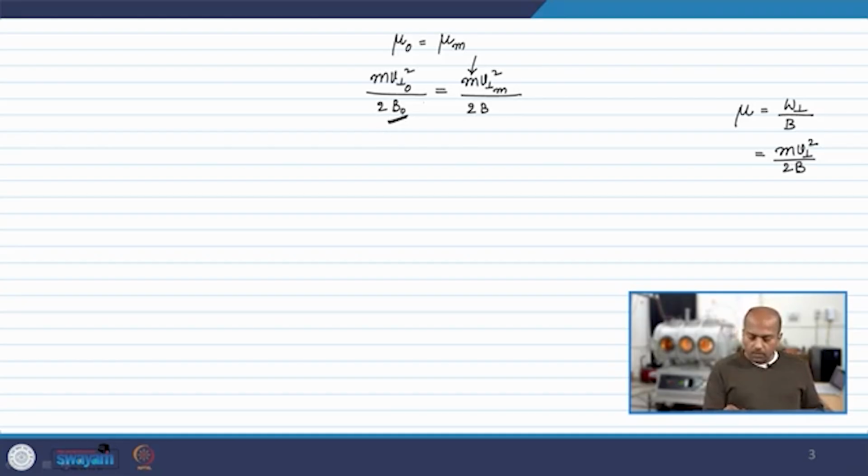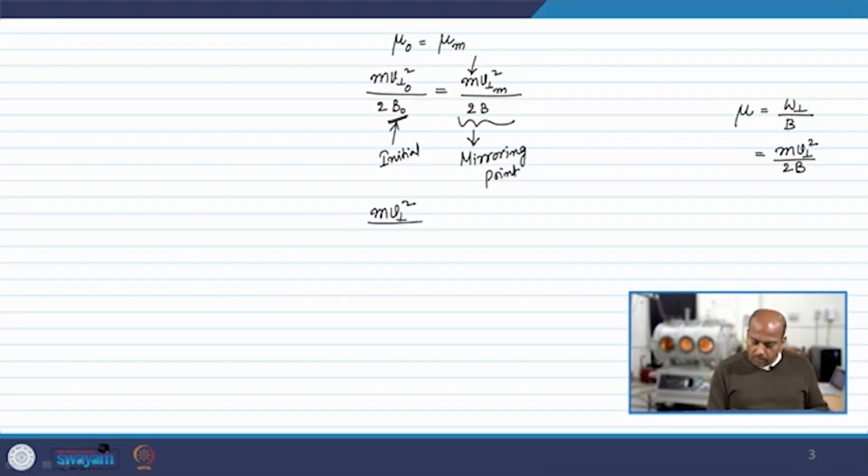This is the initial condition, and this one is at the mirroring point. So, what we are supposed to write is m v perpendicular square by 2 B naught.